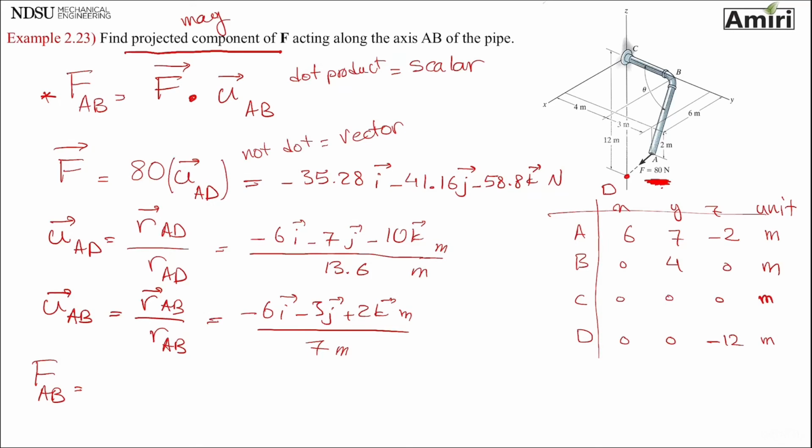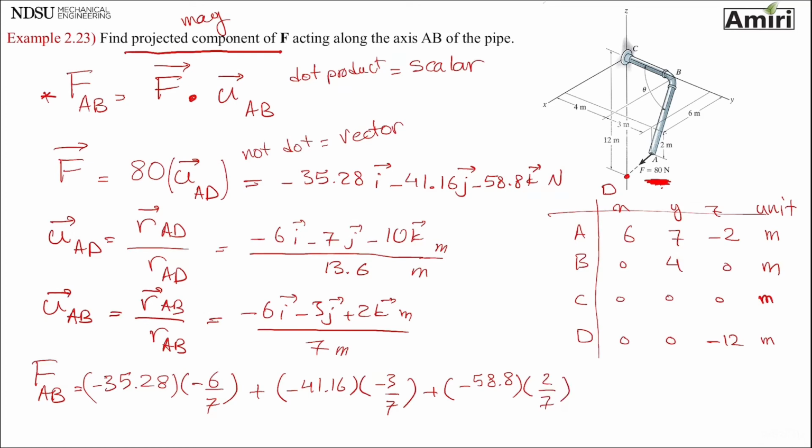Is going to be 35.28 times minus 6 over 7 plus 41.16 times 3 over 7 plus 58.8 times 2 over 7.